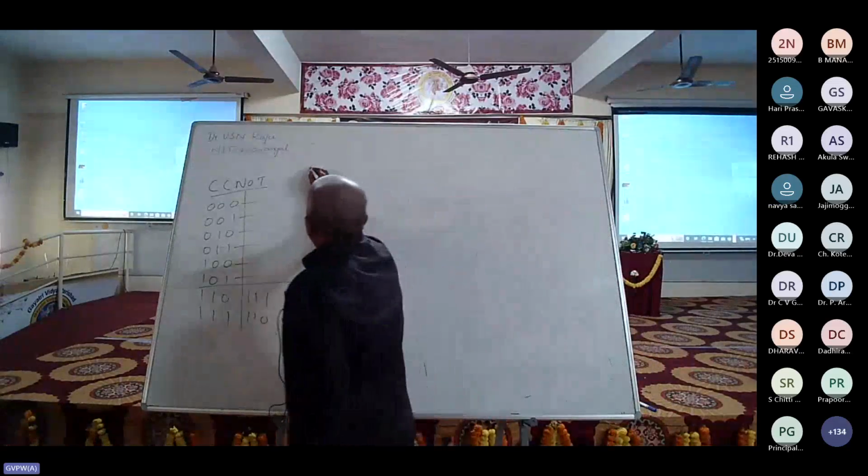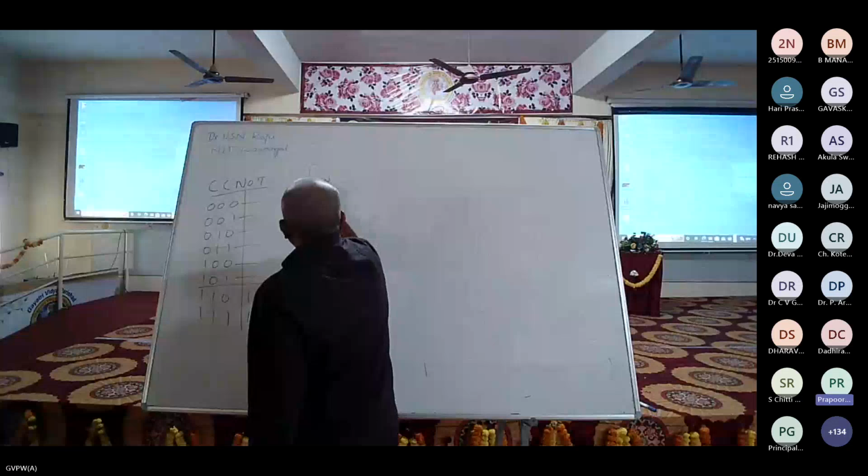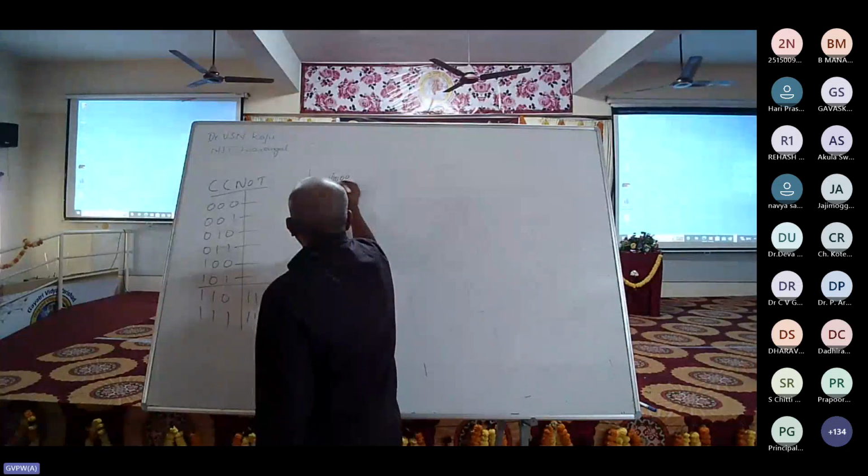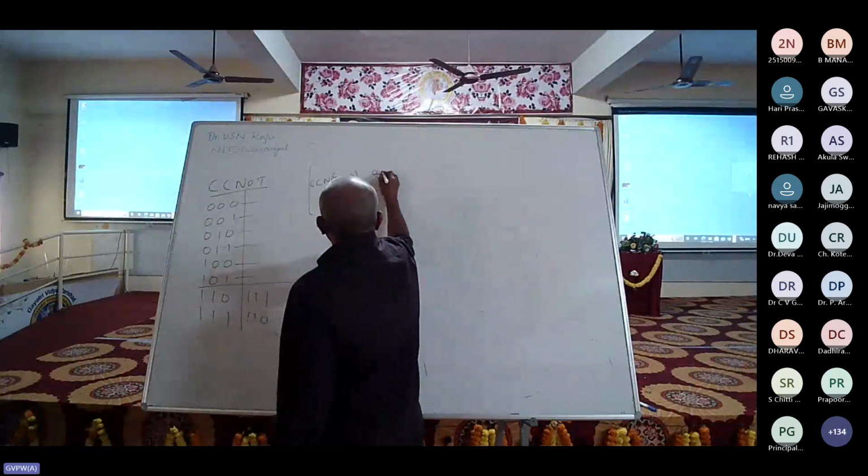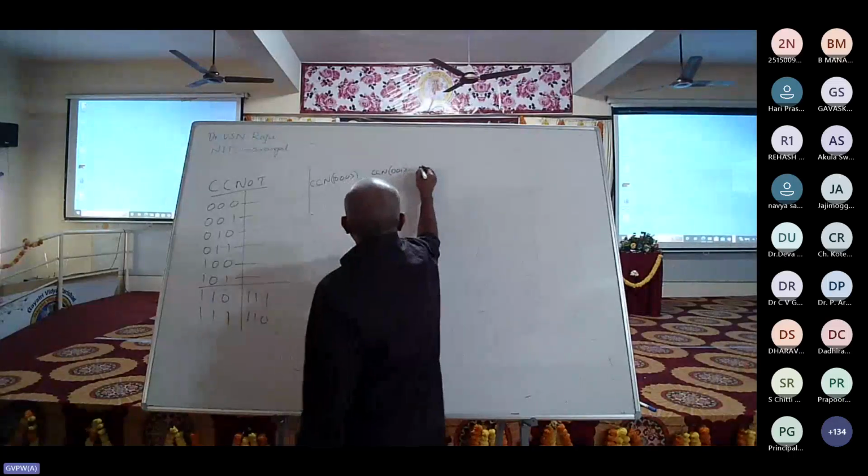How to get the matrix? CCN of 000 ket 000, then CCN of 001.